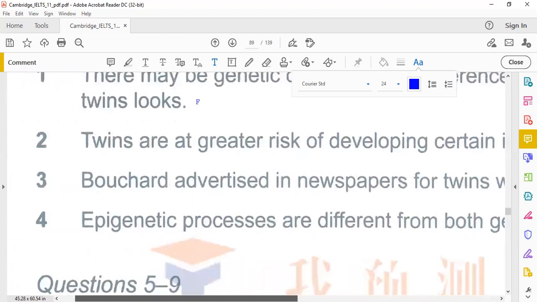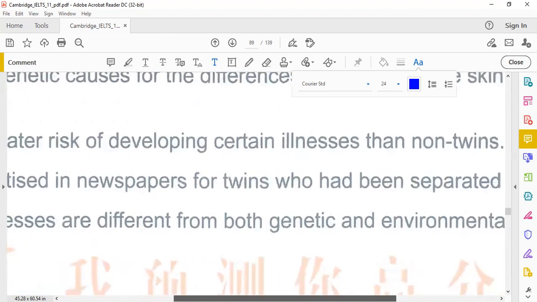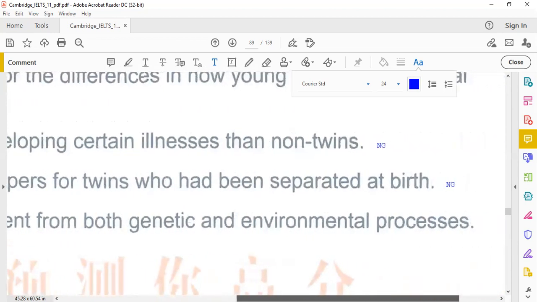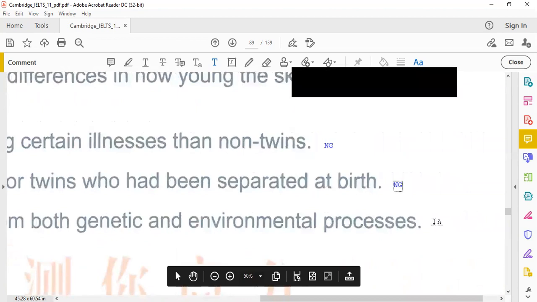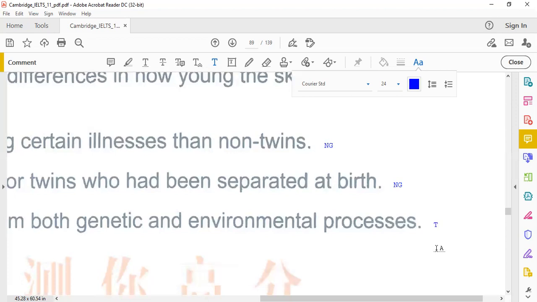Epigenetic processes are different from both genetic and environmental processes. Okay. So the answer is true. So in this way, you have done this task. And later you will transfer these answers to the answer sheet.